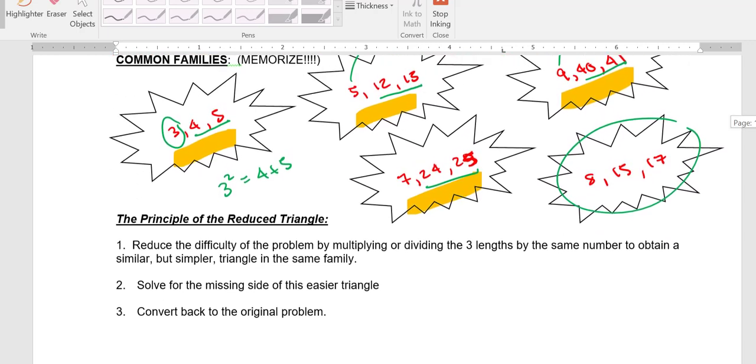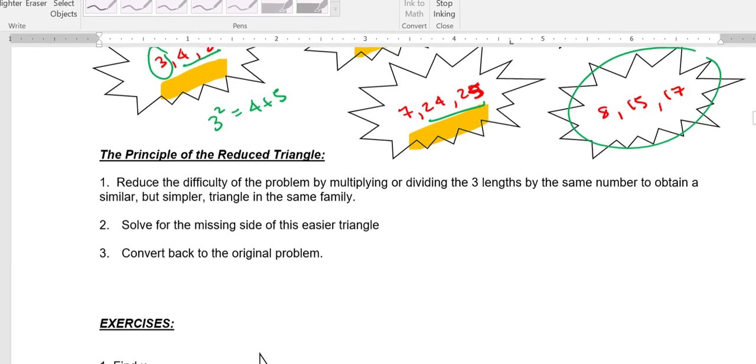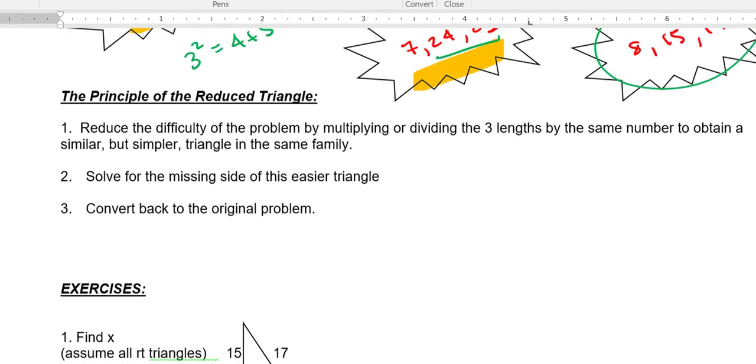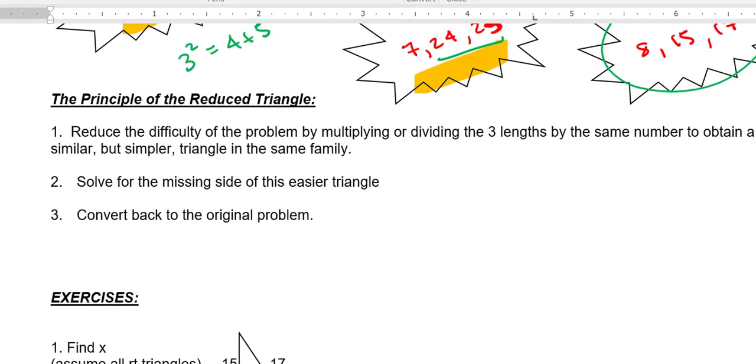Okay, related to this is something called the principle of the reduced triangle. The idea is this: if I have a right triangle, and I have a side that's like 10,000, and then this side is 30,000, and we're trying to find x.